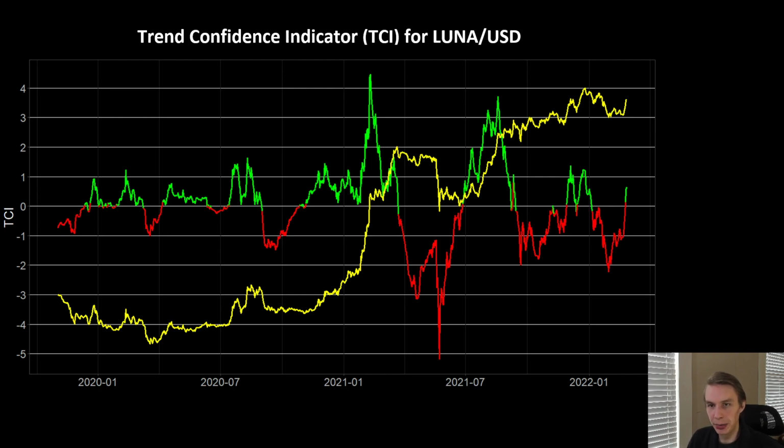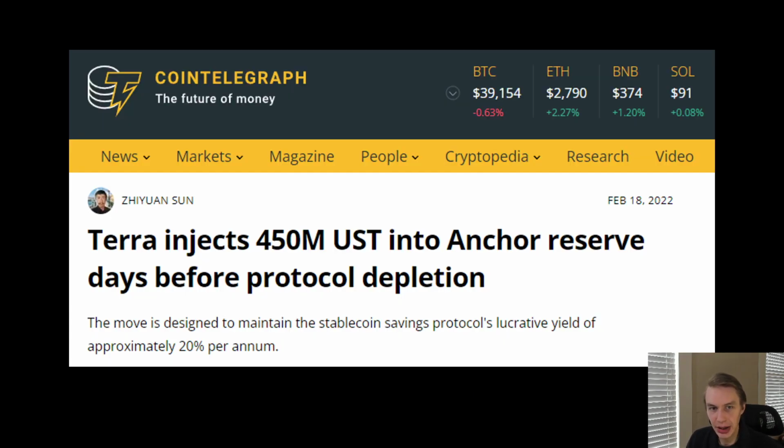And I think there are other reasons why UST stands out in bearish conditions, because there's a lot of useful things you can do with UST that you can't necessarily do with other stablecoins. One of the things you can do is use the Anchor protocol. I'm not going to go into all the details of how the Anchor protocol works, but essentially it is a protocol on Terra that has had, for a long time, and hopefully into the future, a pretty stable 20% yield per year. So 20% annual yield off of just staking UST.